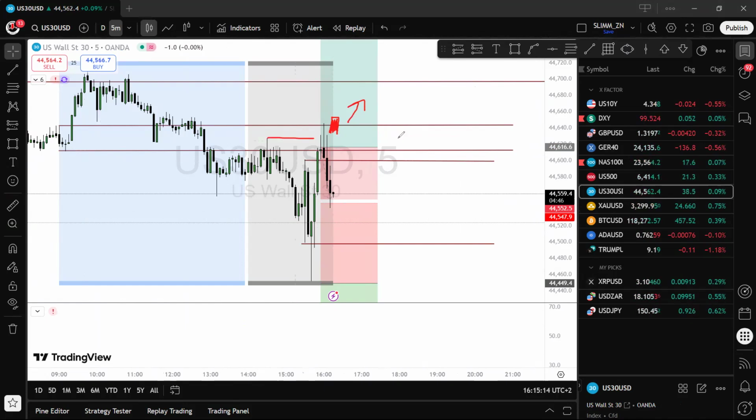This looks like a liquidity sweep imbalance. If we get this, we could get a short trade here coming back down to the bottom of the ORB. Just a quick scalp to almost 100 points, so it could be worth it.